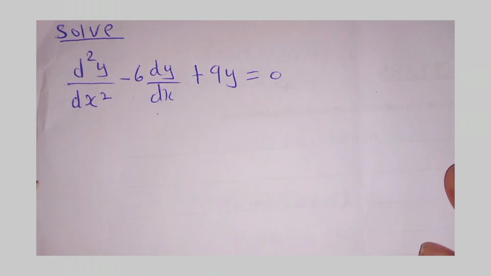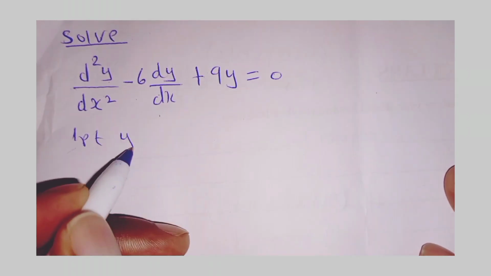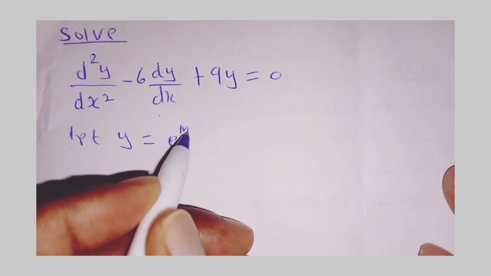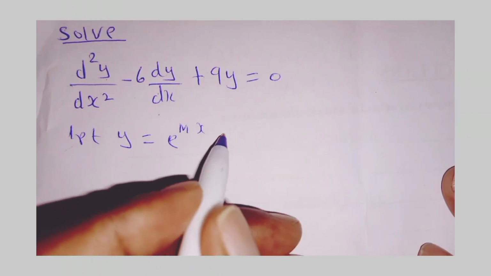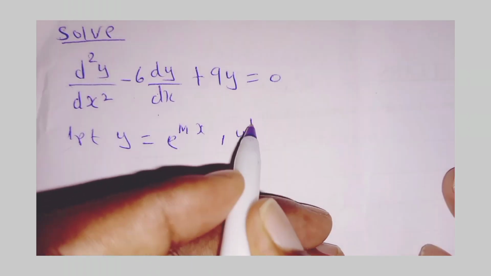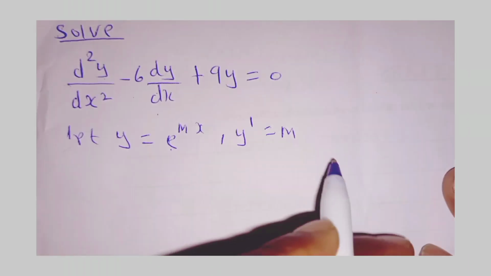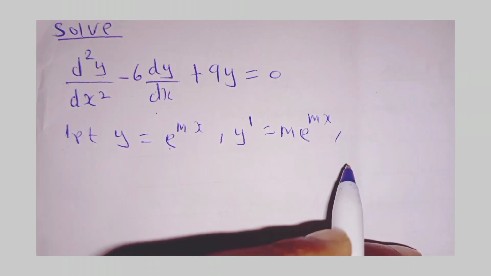So to solve this, we are going to let our y be equal to exponential mx. Then from here, we get y prime. You differentiate y, which will give you m exponential mx.